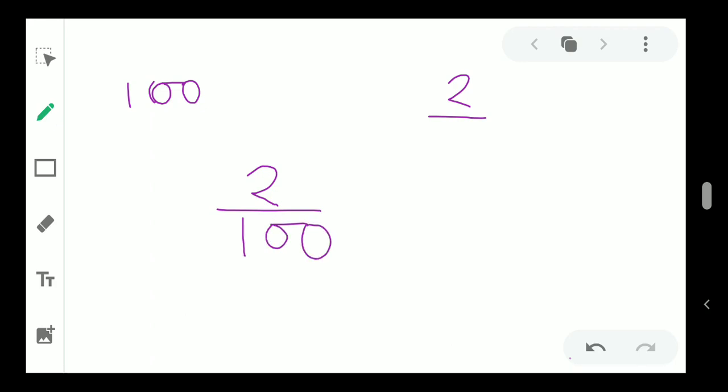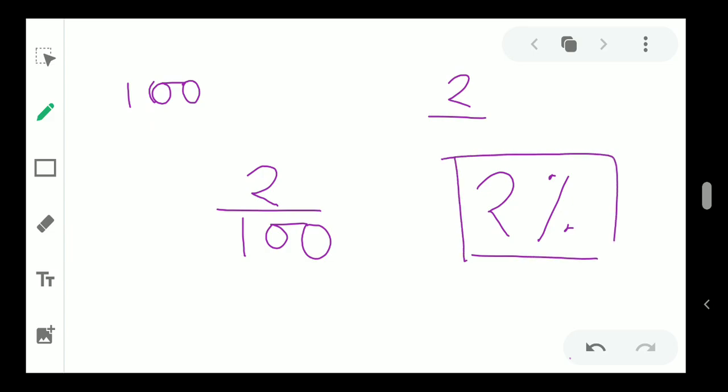Say 100 toffees were there, and I have taken 2 toffees. So what will be the fraction? 2 toffees out of 100 toffees, right? So I can say that I have taken 2% of the toffees. So this is called percentage.